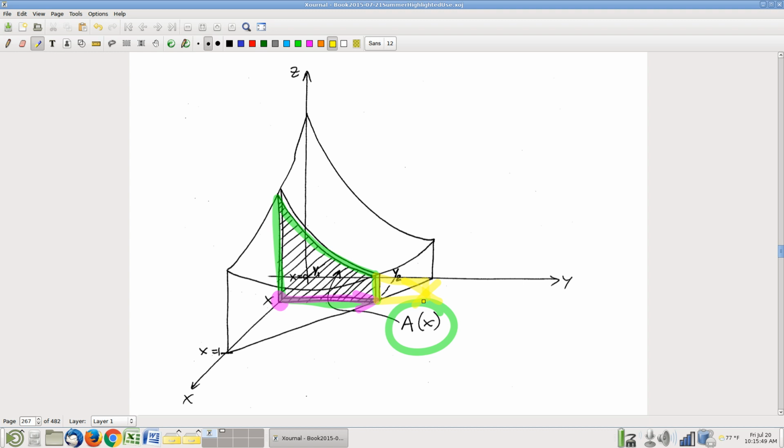That's not part of my cross-sectional area. It would have been had my domain been a rectangle. But my domain is not a rectangle. So I have to stop the area calculation at the appropriate point. And so this is what we have to worry about.